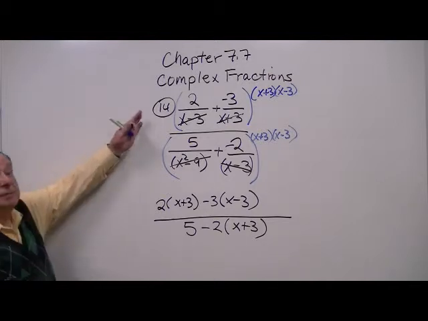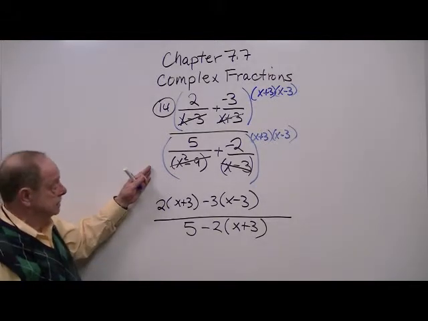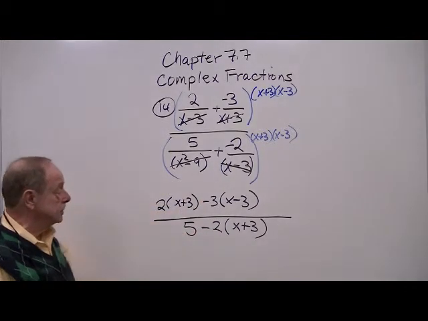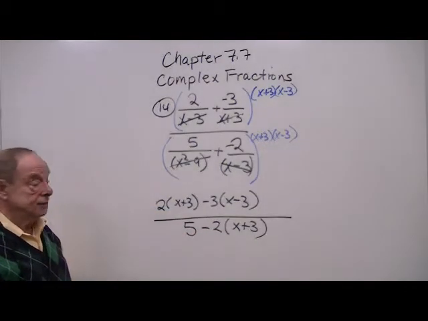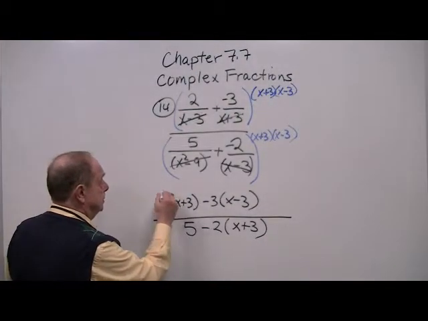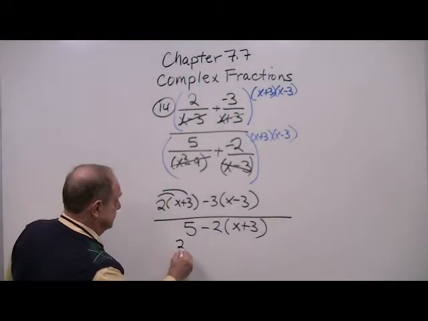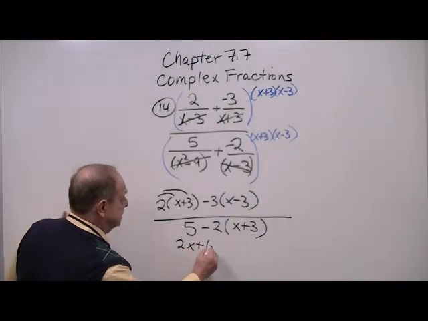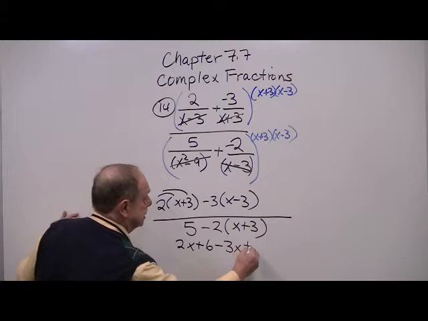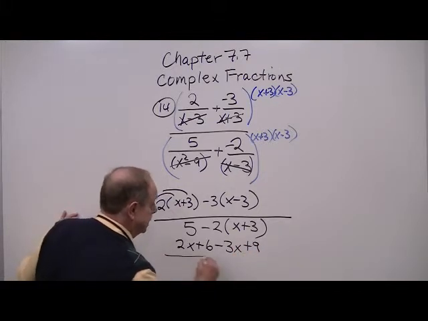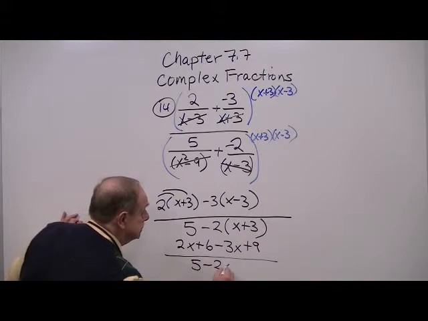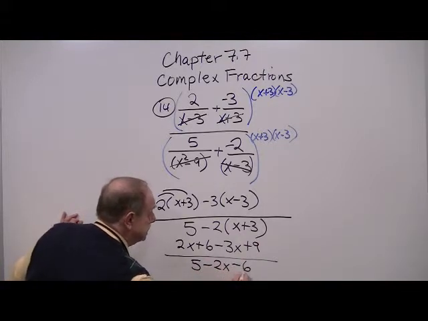So we went from something very complex by using this technique of getting rid of the fractions, and now we just have to simplify. So as we distribute, we get 2x plus 6 minus 3x plus 9 all over 5 minus 2x minus 6.